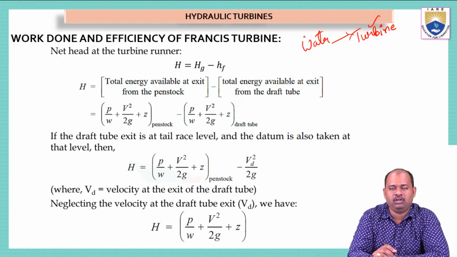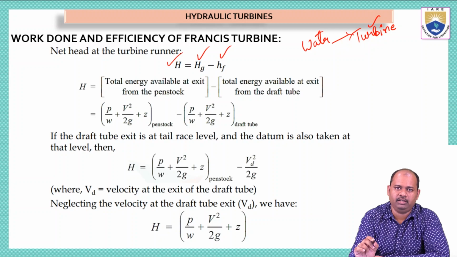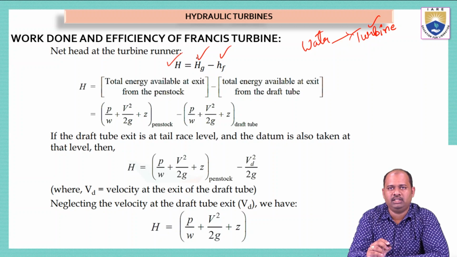In order to calculate this, we need some formulas, like capital H, which is the net head, is equal to gross head minus head loss due to friction. Net head is nothing but the head available at the inlet of the turbine, where gross head, H suffix G, stands for the total energy available at the exit of the penstock.